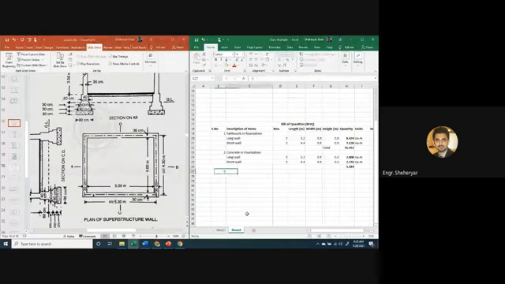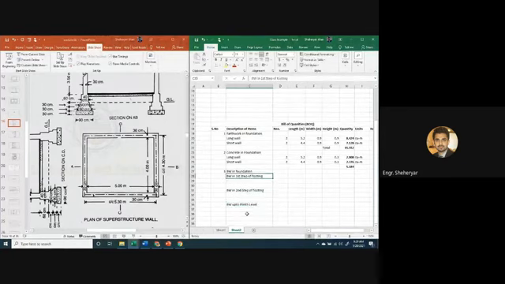So the third item is brickwork in foundation. Here I will write brickwork in first step of footing, and then brickwork in second step of footing, then brickwork up to plinth level.